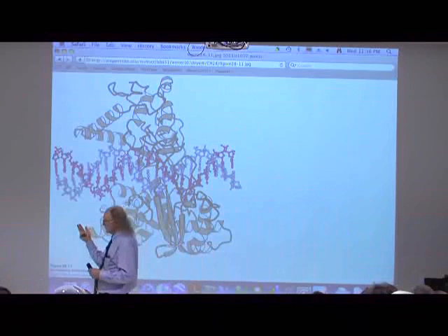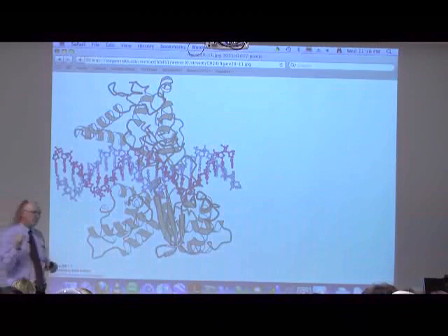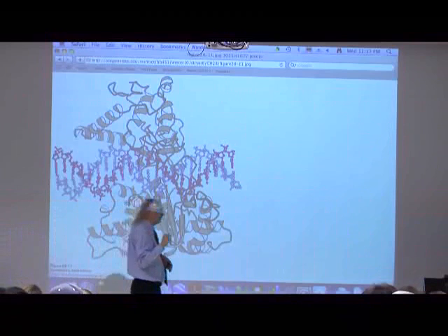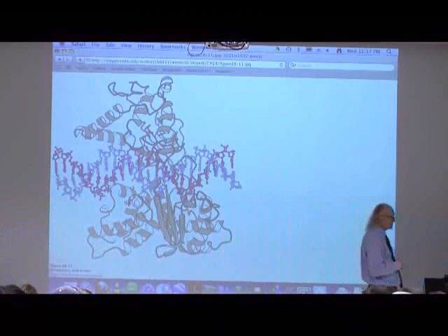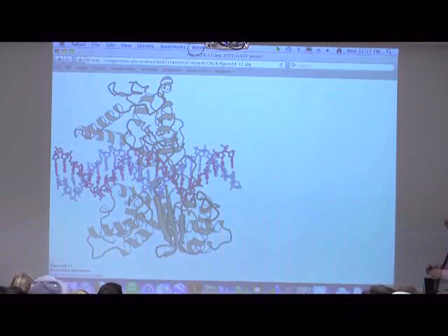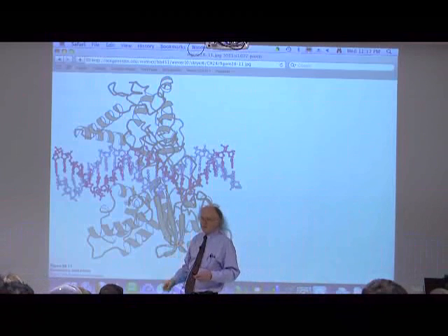So these enzymes are called topoisomerases. There are many different ones that cells have. I'm going to describe a couple of them to you right here. What you see pictured on the screen is a bacterial enzyme known as topoisomerase 1.